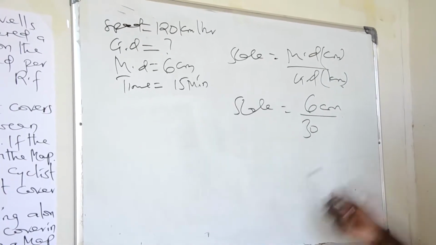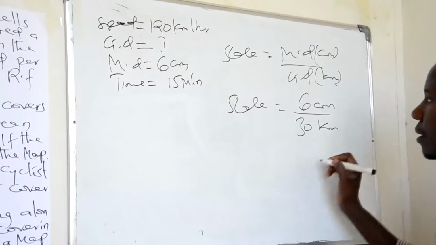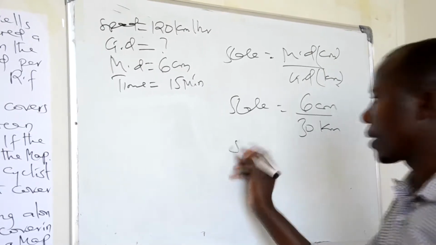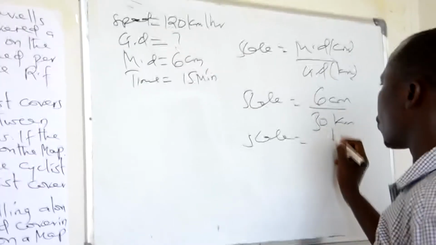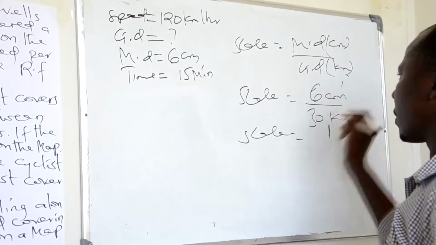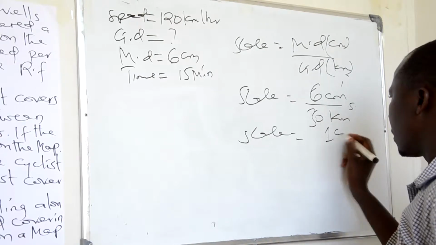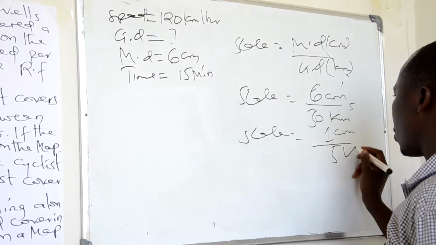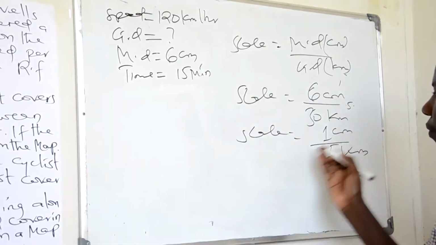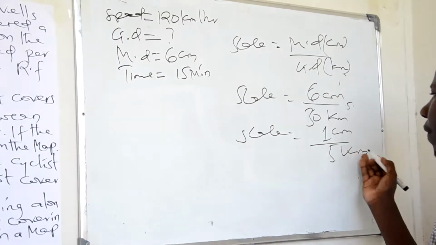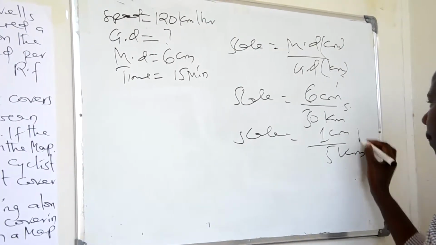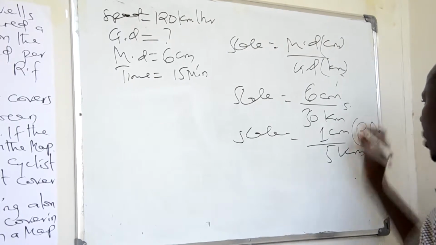Therefore, scale is equal to 1 by 6 is 1, 30 by 6 is 5. Therefore, it will remain 1 centimeter over 5 kilometers. This fraction is the RF, representative fraction.